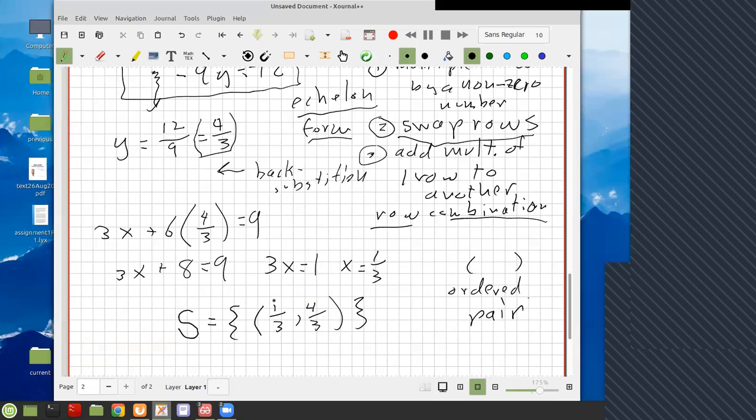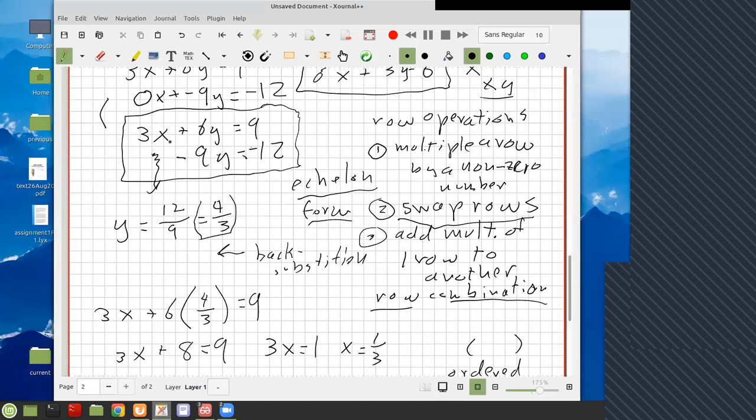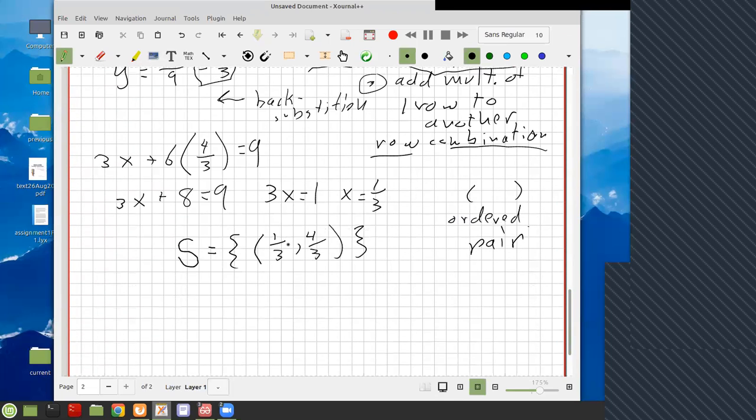The order of the variables here is always the same as the order of the variables in the linear system, and we never reverse them, because Gauss's method doesn't allow us to do that. So just from writing this down, we know that x is 1/3 and y is 4/3.